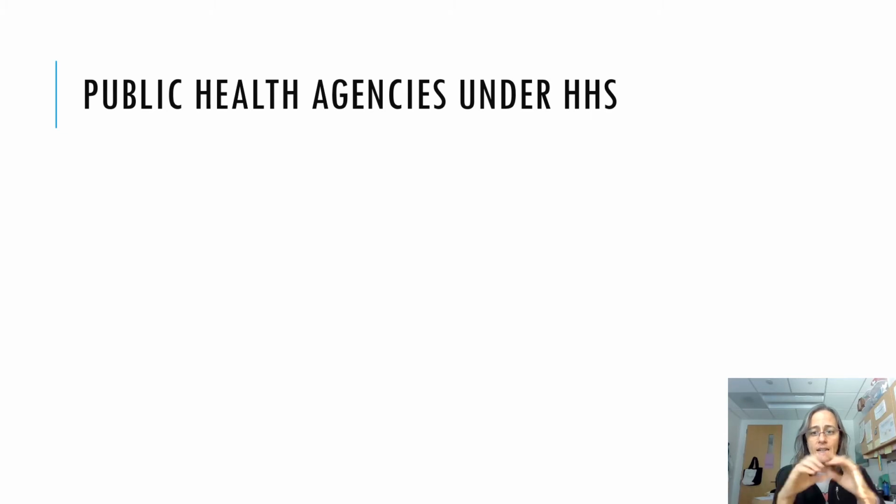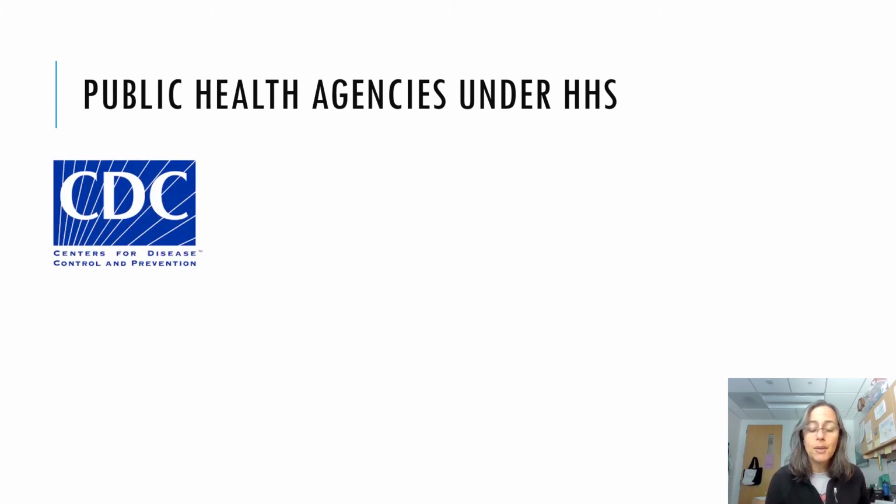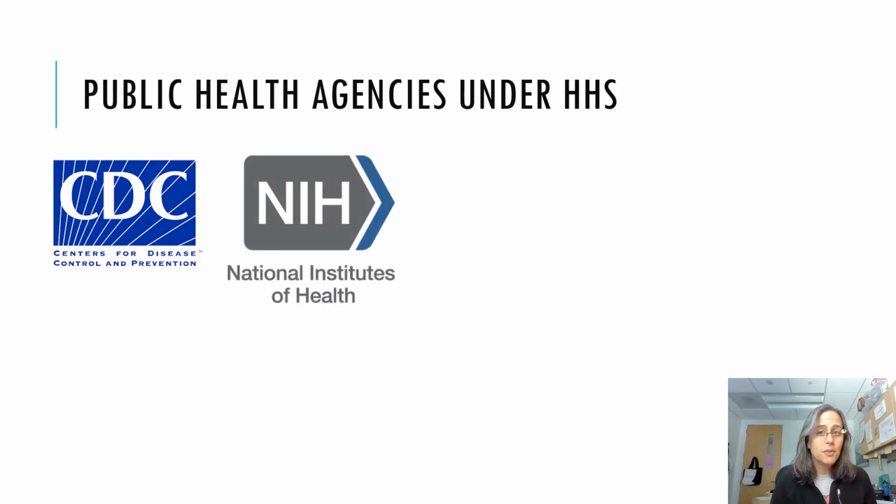And within the Department of Health and Human Services, there are many organizations that are responsible for public health. So the big one that you're probably really well familiar with right now is the CDC, Centers for Disease Control and Prevention. You're probably also familiar with or have heard of the National Institutes of Health.